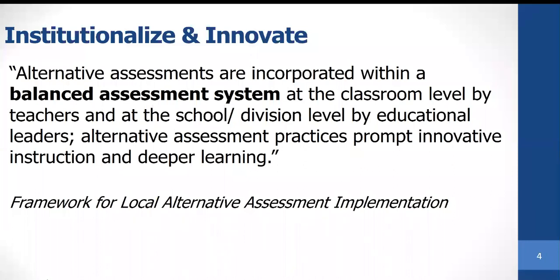Those alternative assessments were developed locally, and the hope was that local development would prompt innovation and discussions within school divisions about what skills and what content we really want to make sure our students are leaving our classes in possession of.